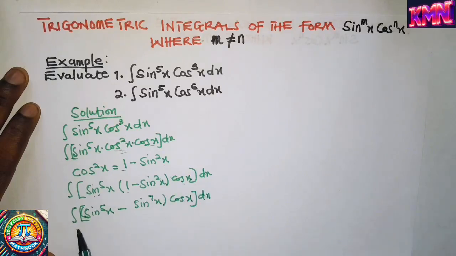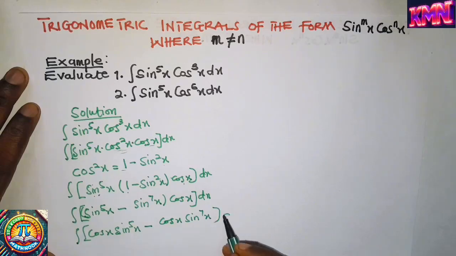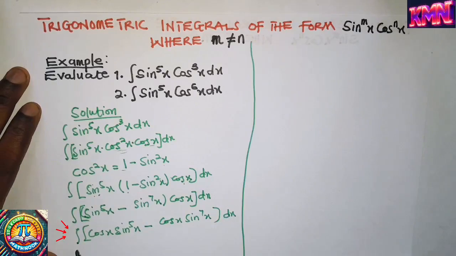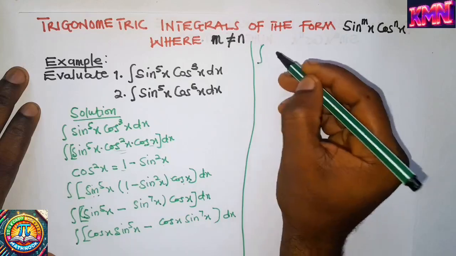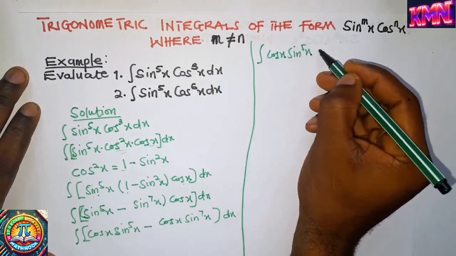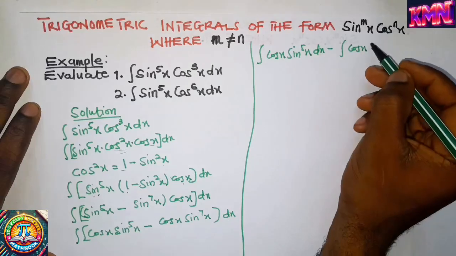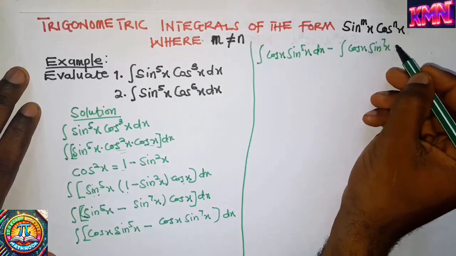Multiplying through by the cosine, we are going to get integral of cosine x sine power 5x minus cosine x sine power 7x dx. So applying the integral symbol and then variable of integration, we are going to get integral of cosine x sine power 5x dx minus integral of cosine x sine power 7x dx.